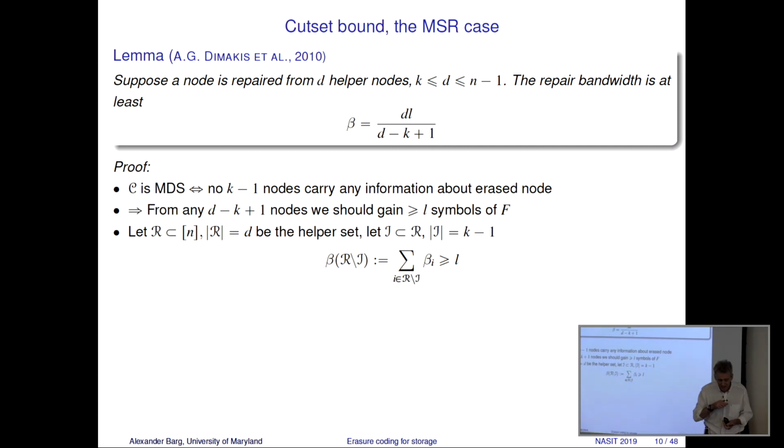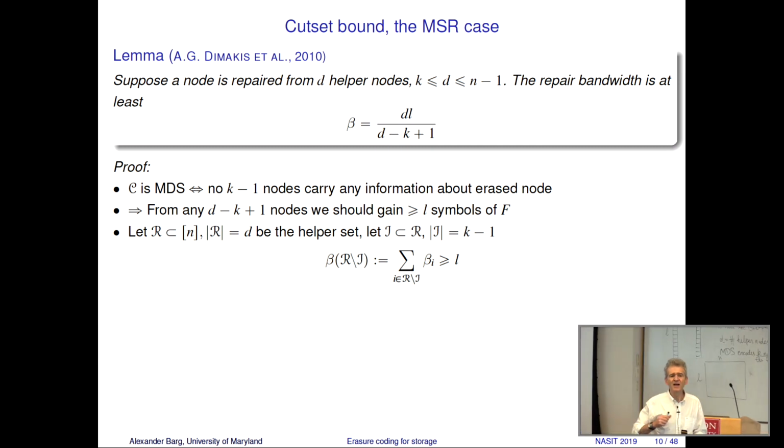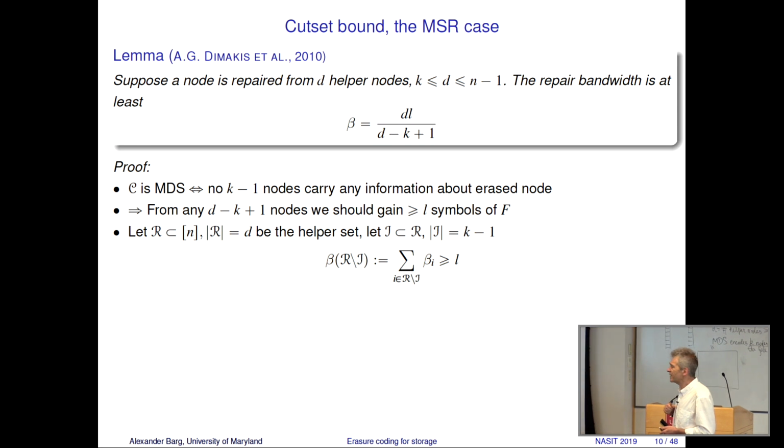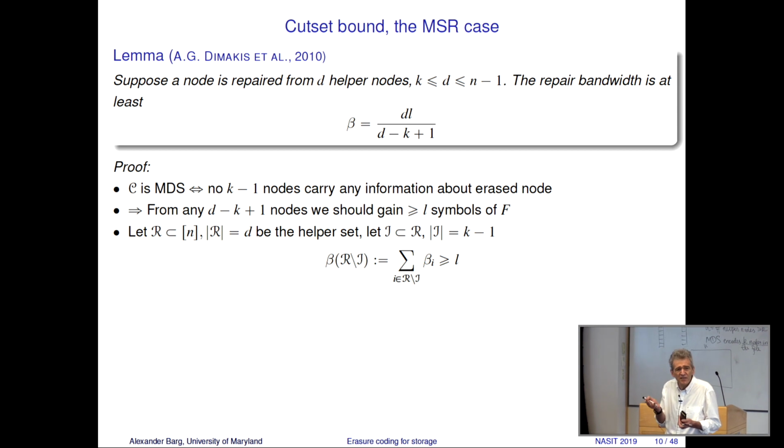Yeah? The first condition that says MDS, if and only if no k minus 1 will carry any information, is that in the worst case? There is no worst case. This is the definition. Systematic or not, no k minus 1 will give you any information about any other coordinate. This is the information theoretic argument. Simply, the entropy of the node will not decrease, conditional on what is provided in the k minus 1.